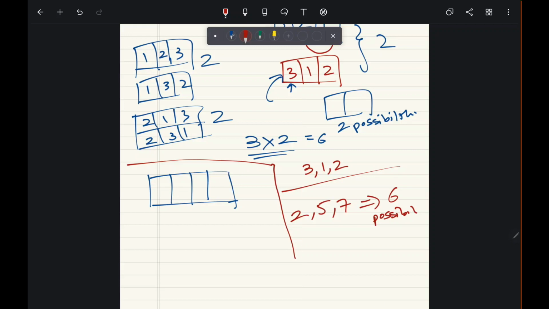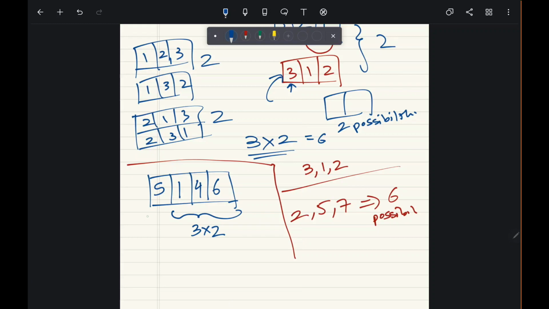So in the case of 4, for any given 4 letters, let's say I choose random numbers for the sake of it: 5, 1, 4, 6. So there are 4 letters. From the first exercise, the ways of arranging 3 letters are basically 3 times 2.